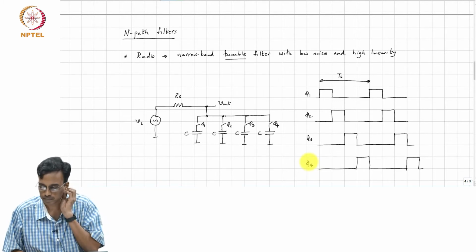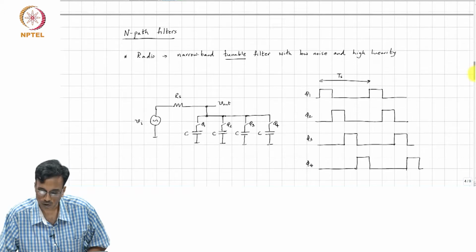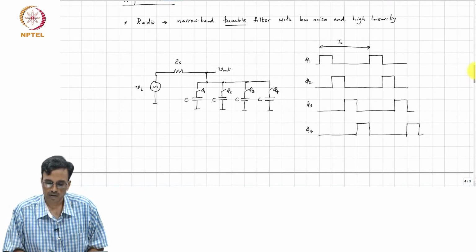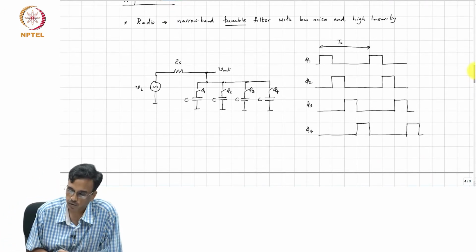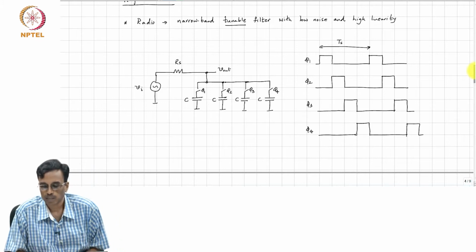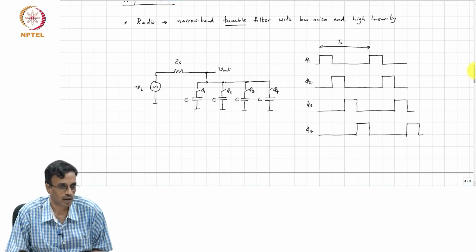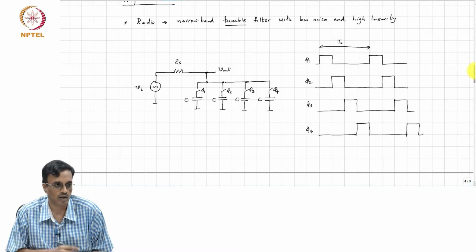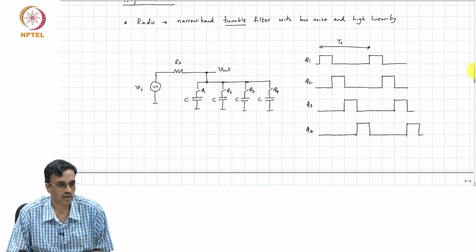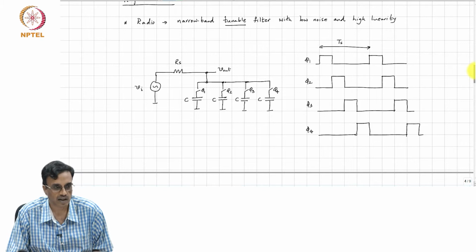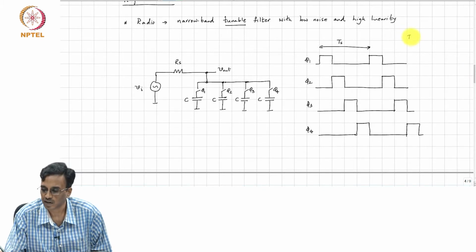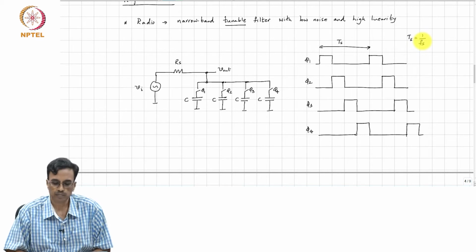All right. So, first question that I have for you: is this a periodically time varying network? Yeah, well, of course, it is periodically time varying, because all the switches are being turned on and off periodically with a period T s, which is basically equal to 1 over F s.